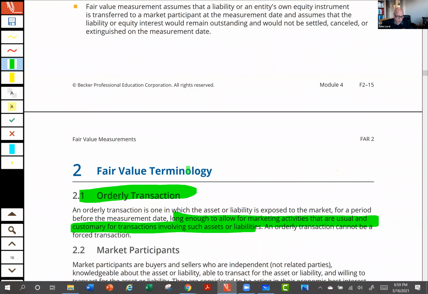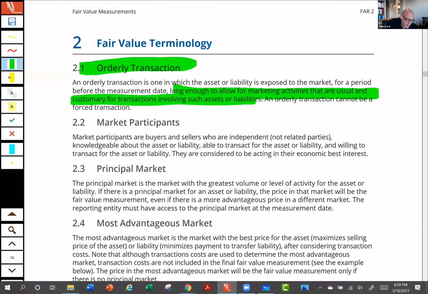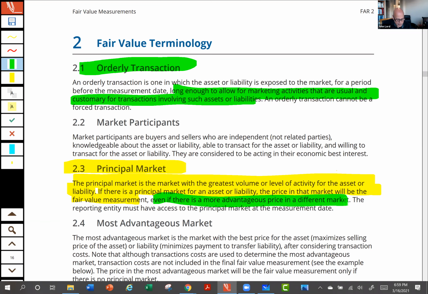Now, they tell us that the market we should use to determine the price should be the principal market. The principal market is the market with the greatest amount of activity. If there is a principal market for an asset or liability, the price in that market will be the fair value measurement, and they tell us that even if there are more advantageous prices in a different market.